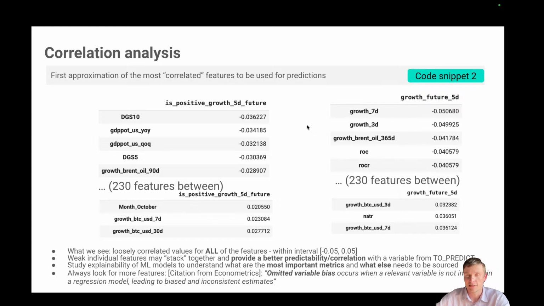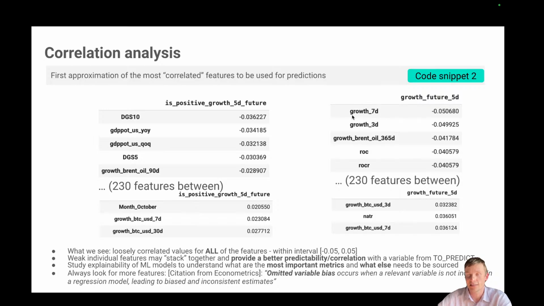What is interesting is that if you compare it with growth future 5 days, which is a correlation not with a variable that has only two values, 0 and 1, but with a continuous variable of growth, where growth can be 0.8, 0.9, or 1 or 1.1, the features are completely different, and the order of features is different.